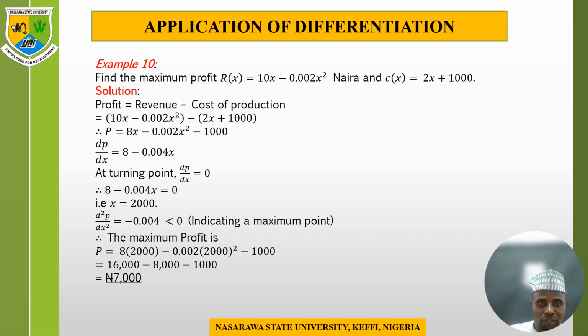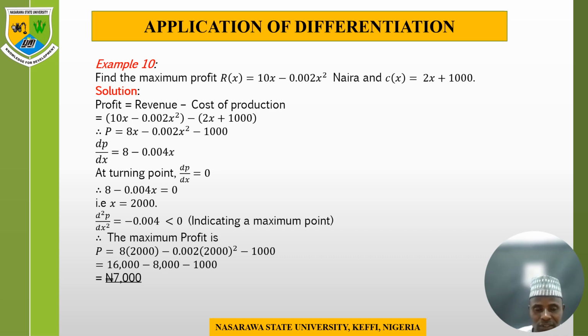Now, the next example: you have to find the maximum profit. R(x) equals 10x minus 0.002x squared naira, and C(x) equals 2x plus 1,000. You have to find the maximum profit.